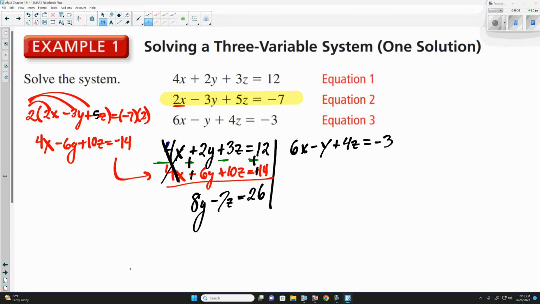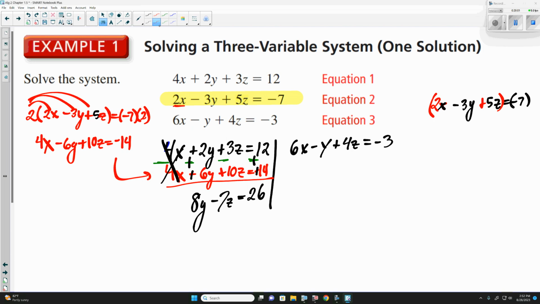Now we have one of our two equations with two variables, because that's the goal, to go from 3 equations with 3 variables to 2 equations with 2. Now we're going to repeat the process we just did. So we need to see what we need to multiply our 2x minus 3y plus 5z equals negative 7 by so that our x's match up.